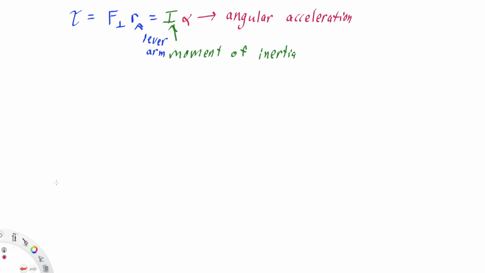Okay, so when we were manipulating Newton's second law, this moment of inertia object kind of popped out, and we said that the moment of inertia was defined as the mass times the square of the distance from the axis of rotation.